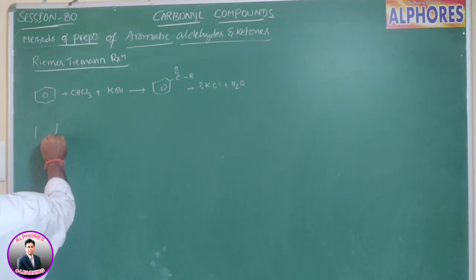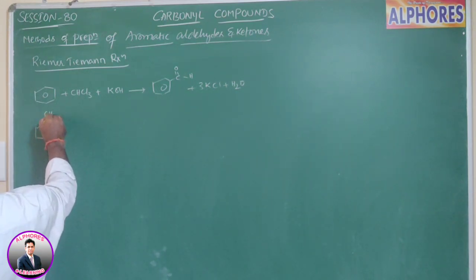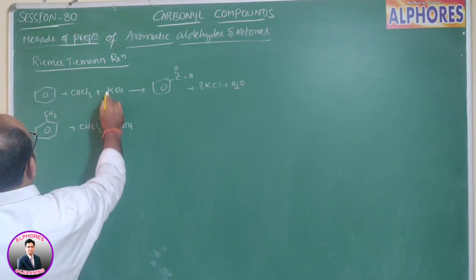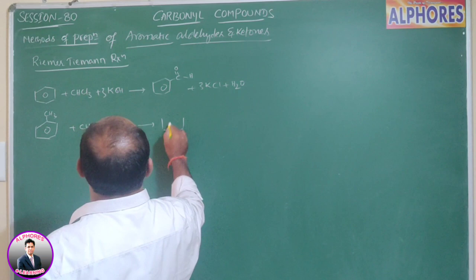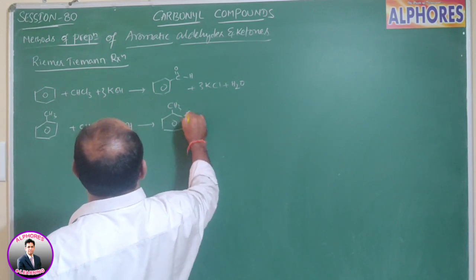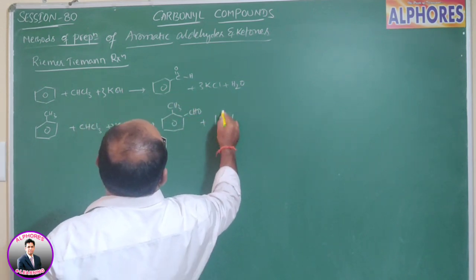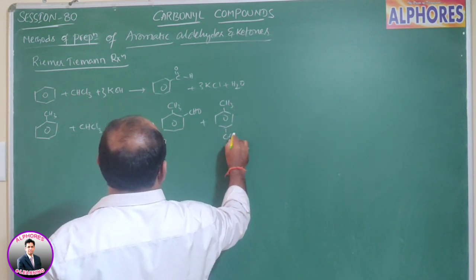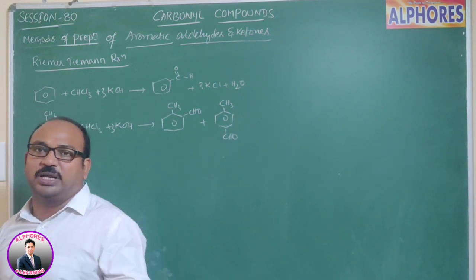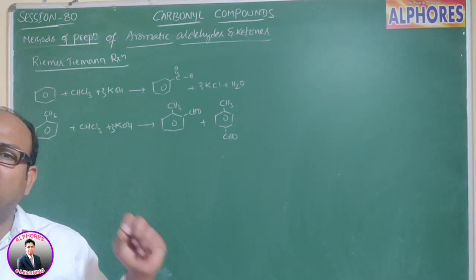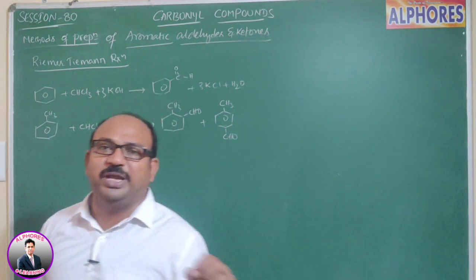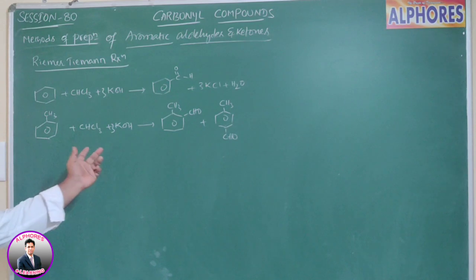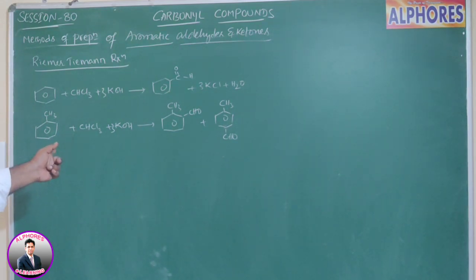Similarly, if we consider toluene upon reaction with chloroform and alkali, then ortho and para products are possible here. We know that this mechanism proceeds via formation of neutral bivalent carbene. Carbenes are intermediates in this method, and if we are using CCl4, carbon tetrachloride, in such a case we are getting carboxylic acids.